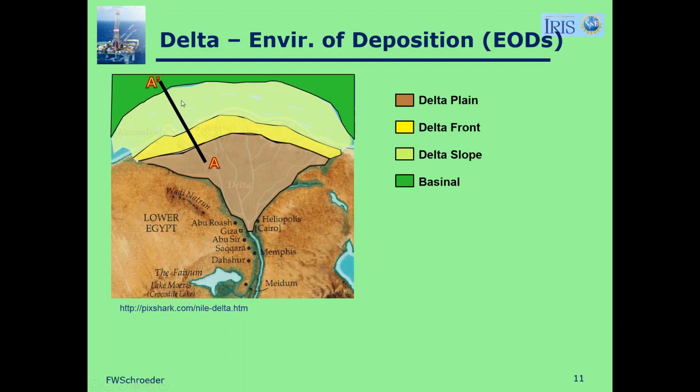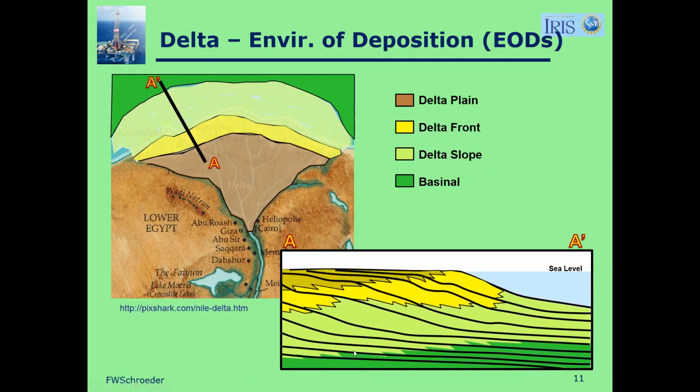The delta slope, the paler green, that would be where the seafloor gradient is probably on the order of 1 to 3 degrees. That's in terms of a continental setting, that would be the continental slope. And then the darker green is the basinal or abyssal plain type of environment. I'm going to show a cross section A to A prime, and that's here.